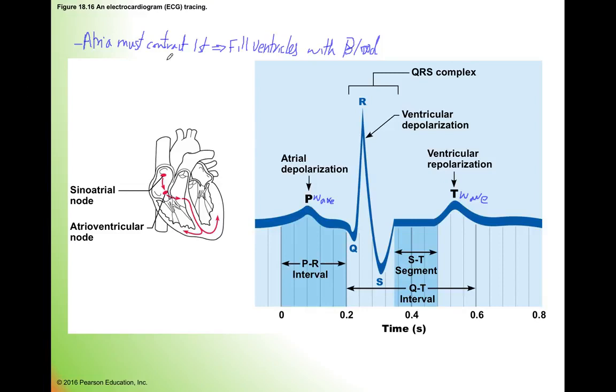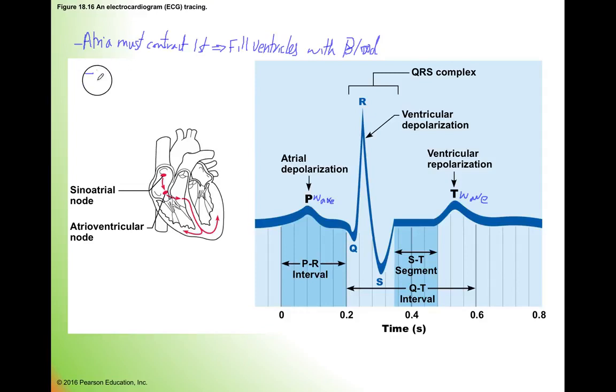The other point that you need to understand is that the two main steps of the electrical impulses or action potentials are depolarization and repolarization, which both can be measured on the ECG. Because we have two main sets of chambers, atria and ventricle, each of them has its own depolarization and repolarization.